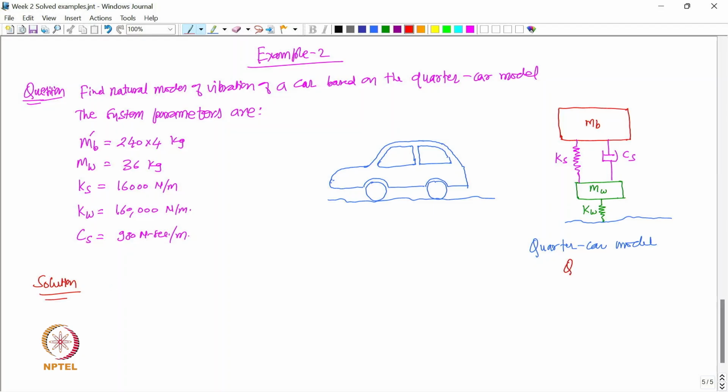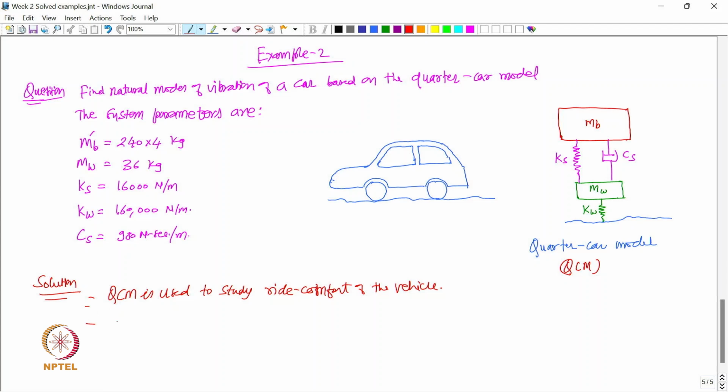If I abbreviate it as QCM, QCM is used to study the ride comfort of the vehicle. With this model we are trying to study that if, let us say, the car is moving on a rough road, then what is the vertical acceleration of the car body. That is what determines the ride comfort.